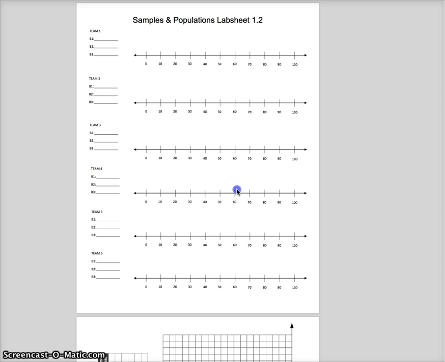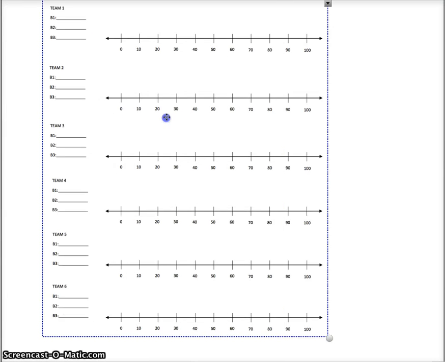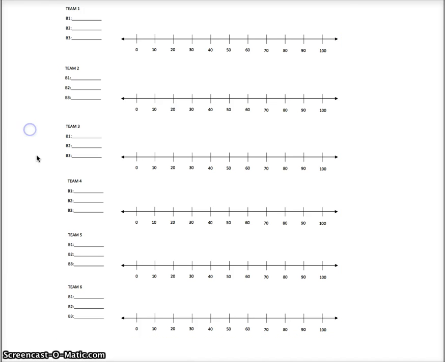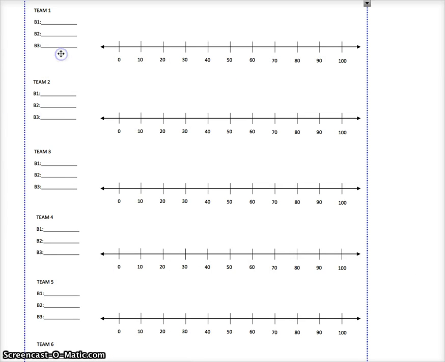It should be lab sheet 1.2. There it is. I'll fill this out with you guys in the beginning. I'll do maybe just one or two so you can see what we're looking for here. So it's team 1.